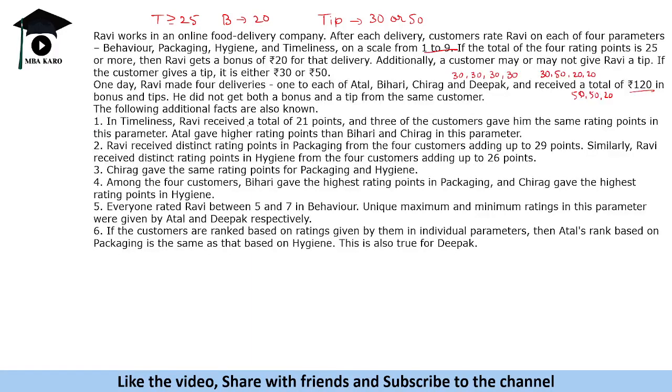In timeliness, Ravi received a total of 21 points, and three of the customers gave him the same rating points in this parameter. So let's start making this table and try to fill these values.